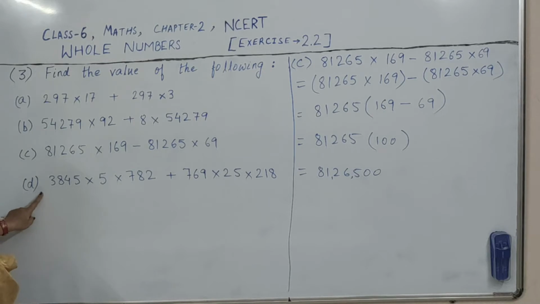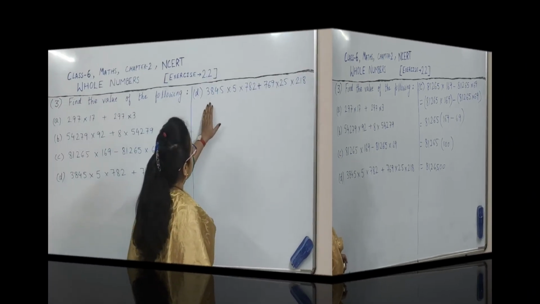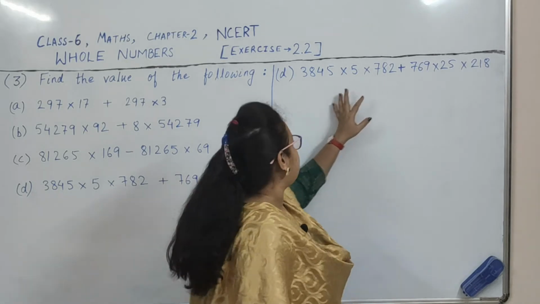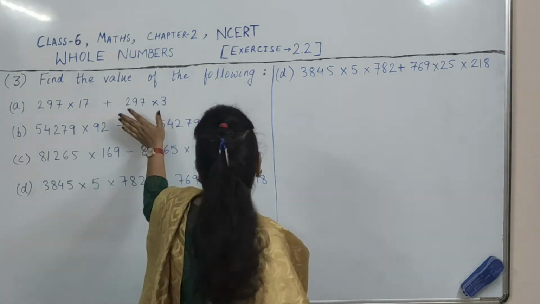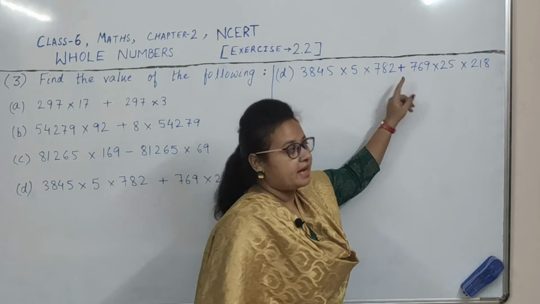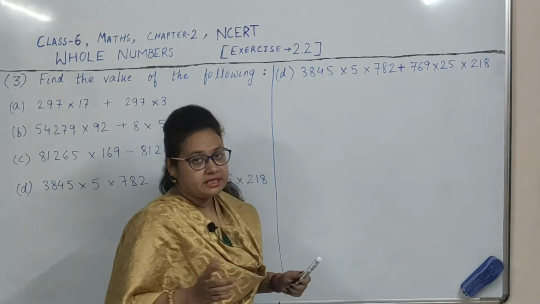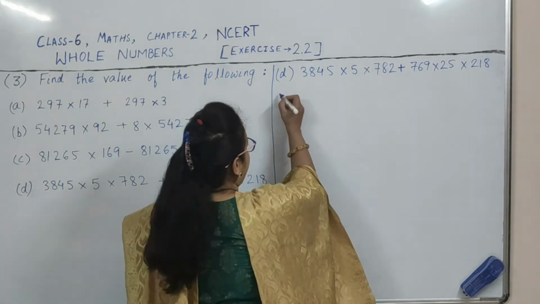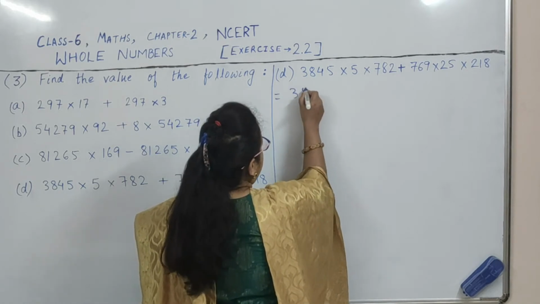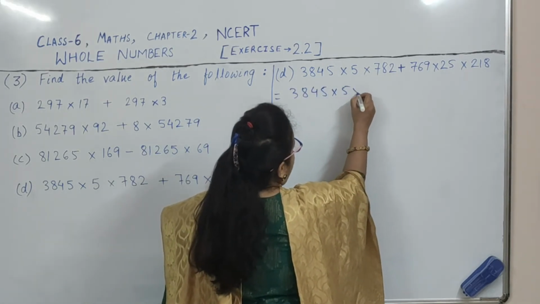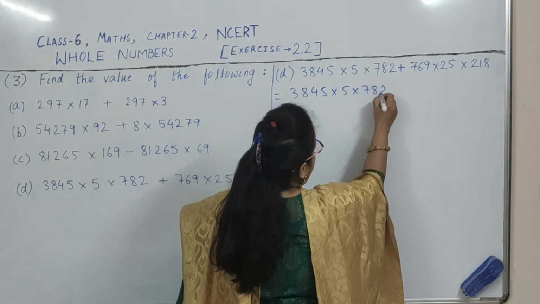Now, let us come to the fourth question, D. See, in question number D, we have two terms like the other questions, separated by a plus sign. Okay, so now let us first separate the terms by taking them in brackets. So 3845 multiplied by 5 multiplied by 782.